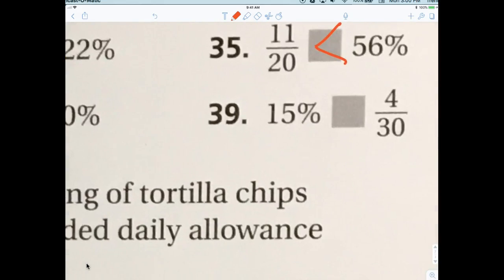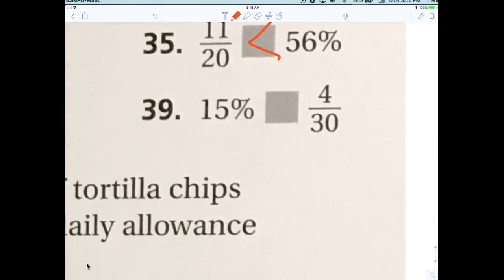All right, 39. You're up. Do it on your calculator. Come on. So what is 4 divided by 30? I want to know what 4 divided by 30 is. You have a calculator in your hand. How much?